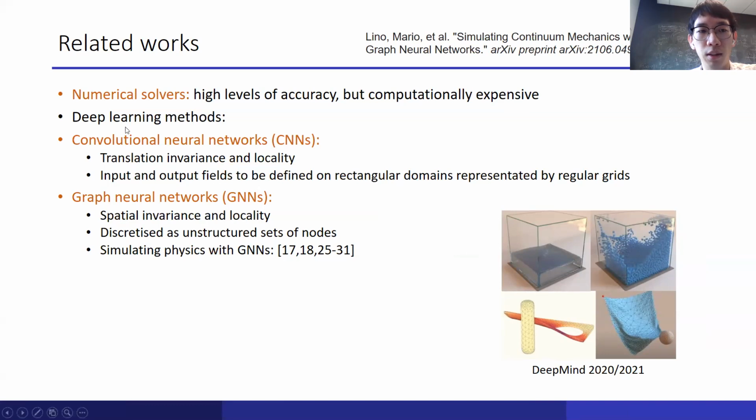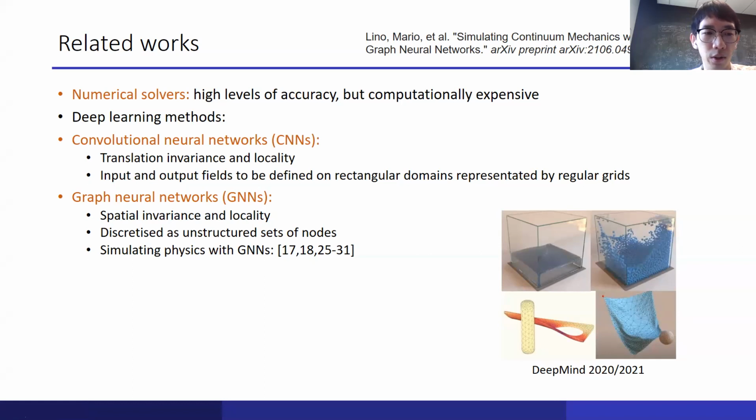Most of the learning-based methods focused on convolutional neural networks, namely the CNNs. The CNNs have advantages in translation invariance and locality. However, the CNNs require the input and output fields to be defined on rectangular domains represented by regular grids, so they are not very suitable for complex domains.